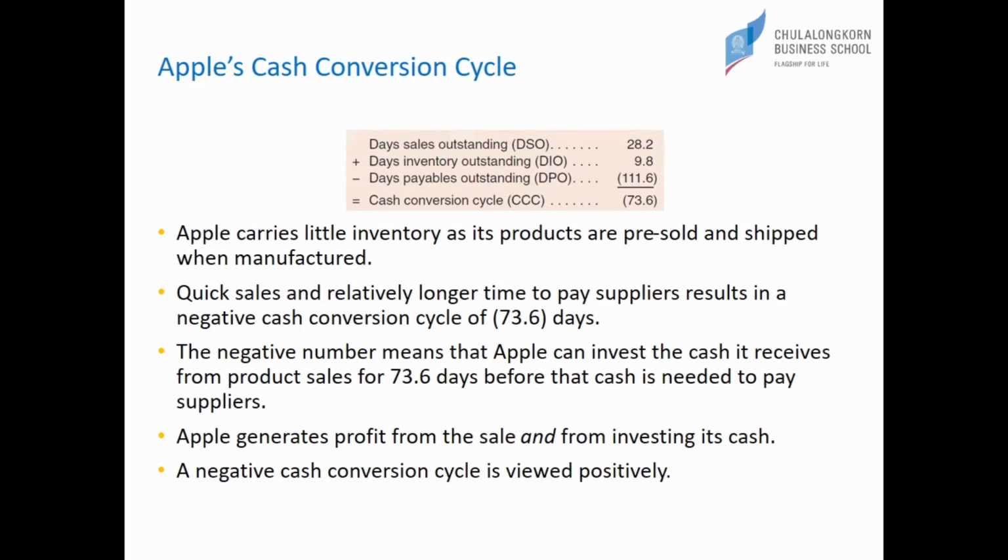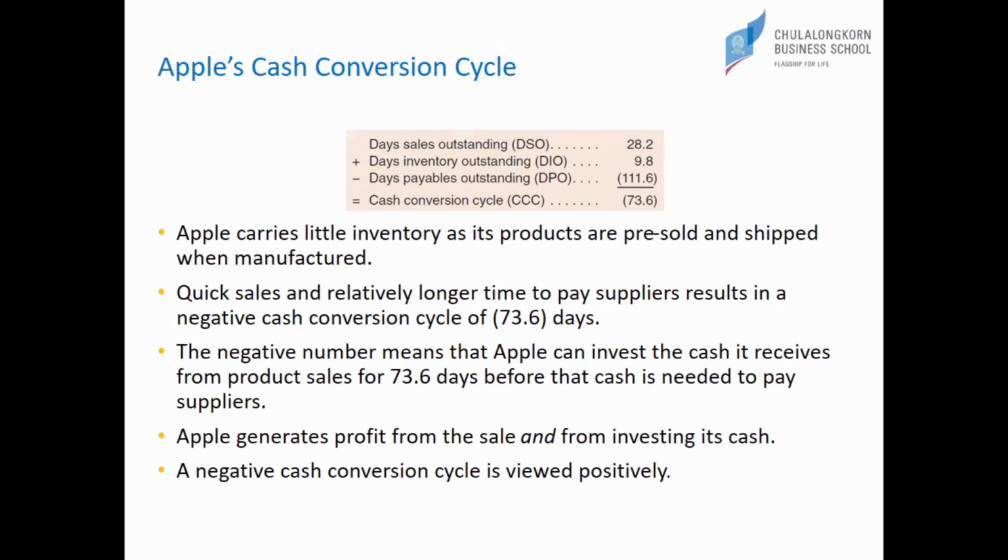It's like the iPhone 14, for example, right? People pay in advance, but they won't get delivery until a future date. And they have very quick sales, they sell very fast, and they pay very slowly to their suppliers. So that's why it results in this negative cash conversion cycle of 73.6 days.